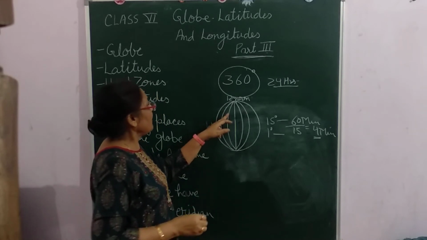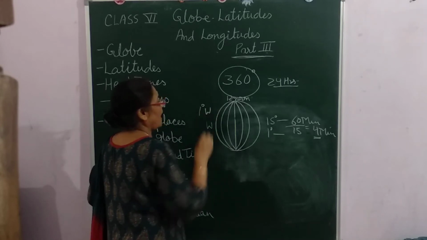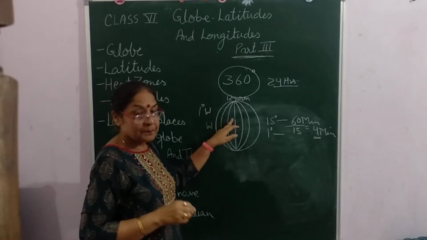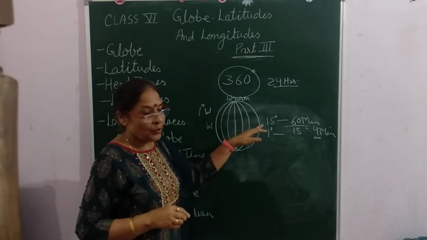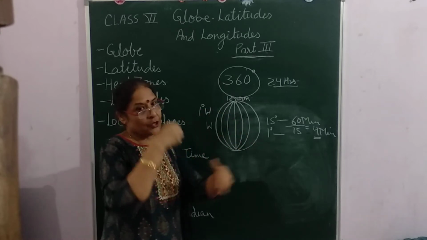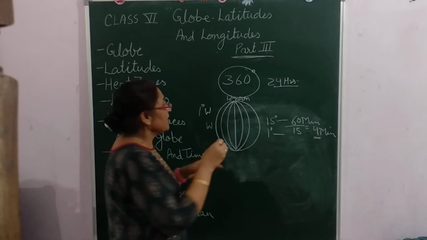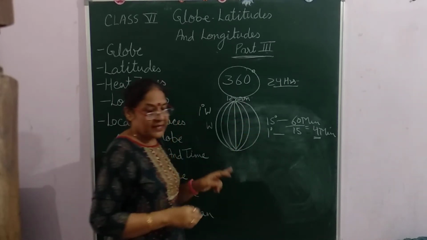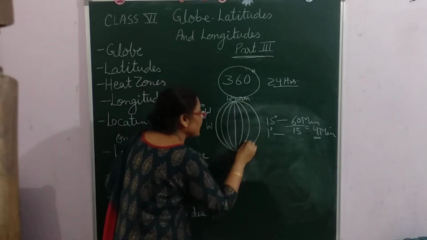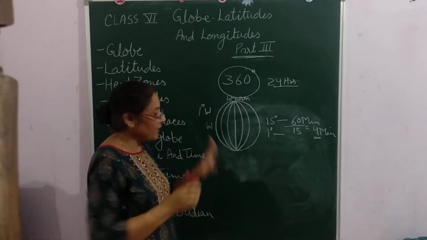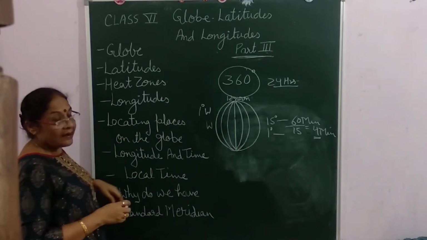So what would be the time at the first degree in the western hemisphere? 4 to 12. And the second meridian, 8 to 12. These 4 to 12, 8 to 12 and 4 past 12 are the local times of these meridians. This is known as the local time, which each and every meridian observes. Clear to everyone? Good.